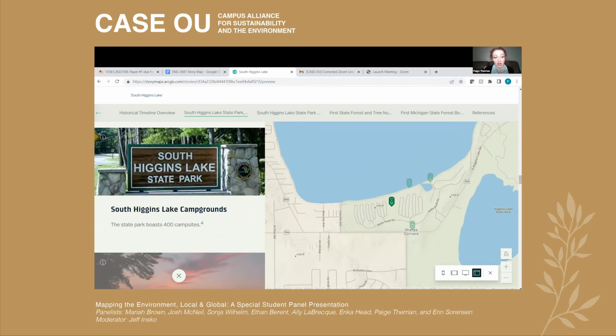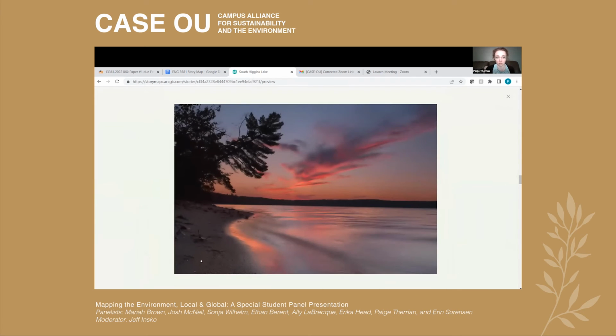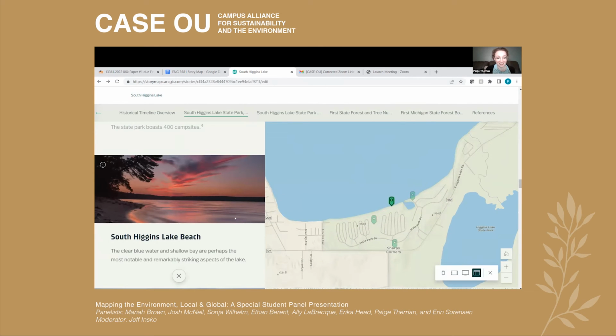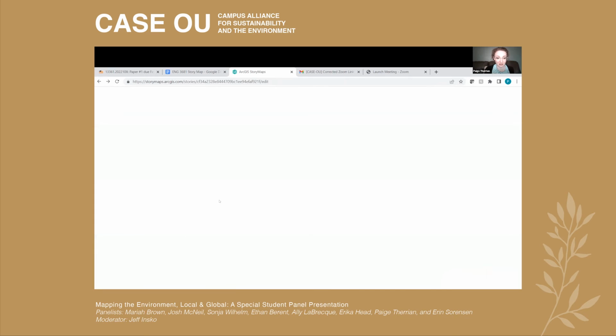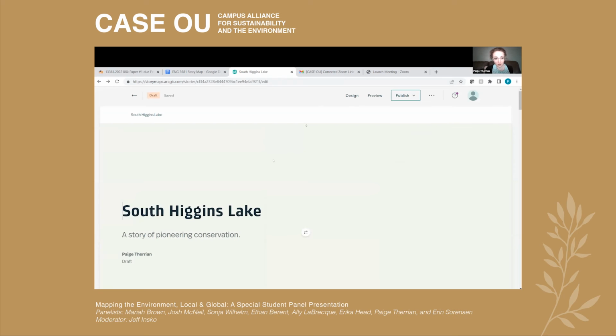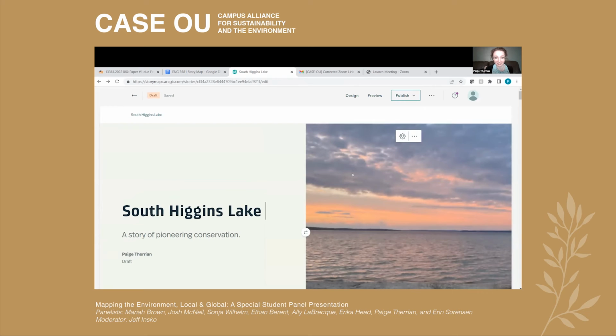The campgrounds boast about 400 campsites, and those go right up to the beach.